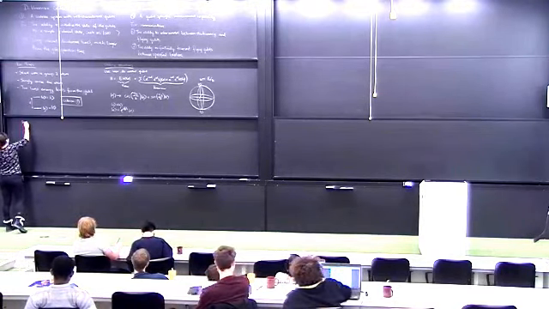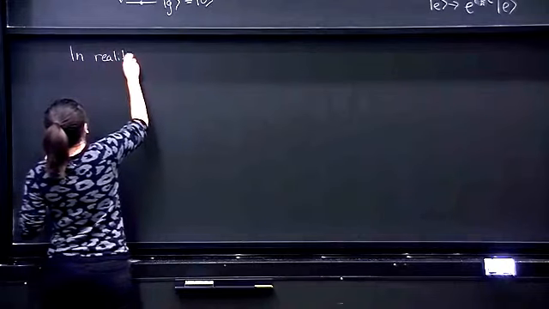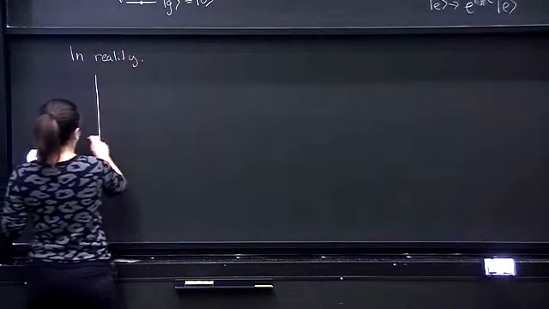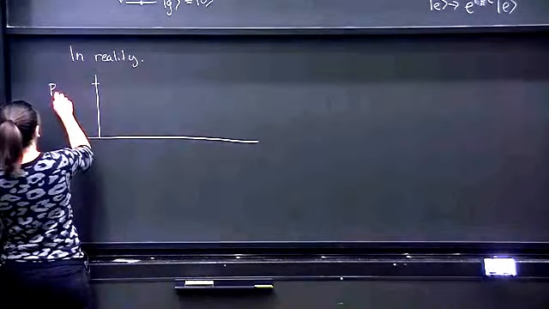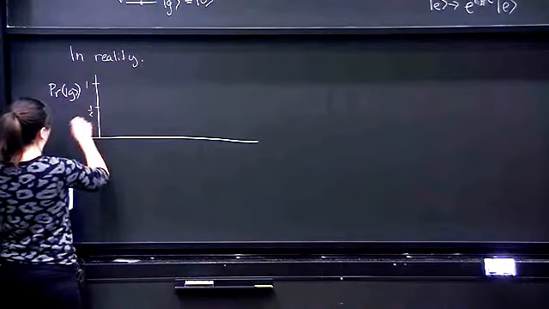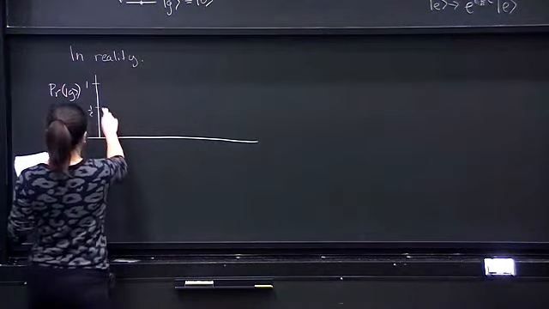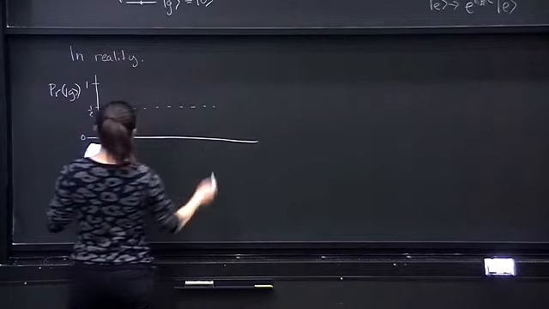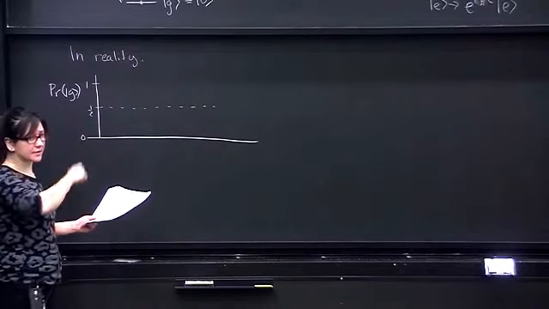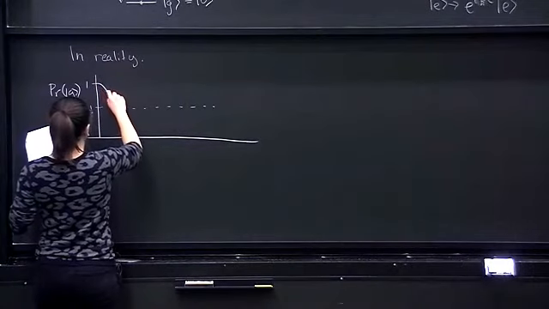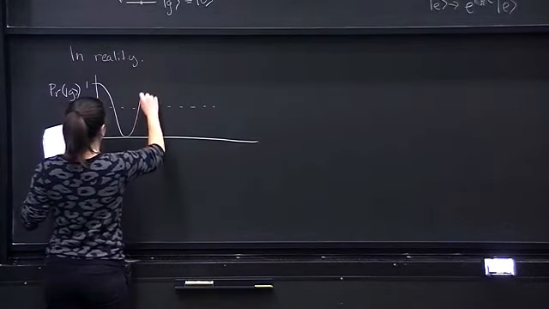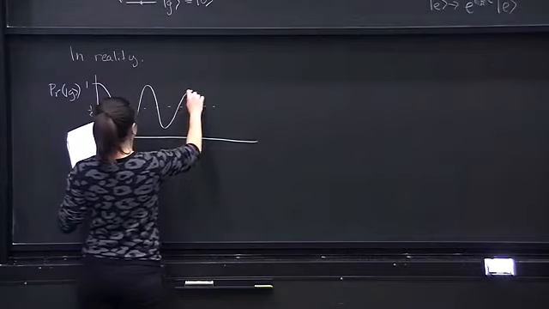So we have the probability of being in the ground state going from 0 to 1. And so we expect kind of this sine squared oscillation, but really what happens is it starts to get damped.